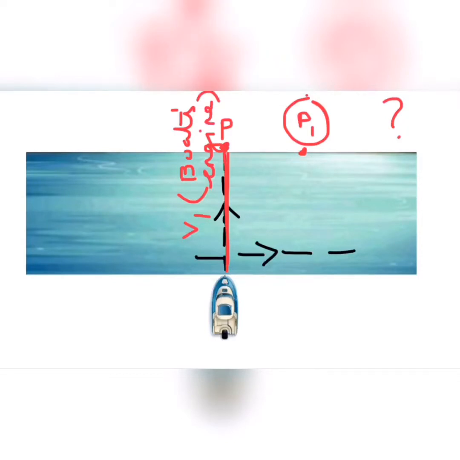And the velocity of the flow of the river, V2. This is the velocity of the flow of the river, due to which the boat actually starts to travel with a different velocity V3.